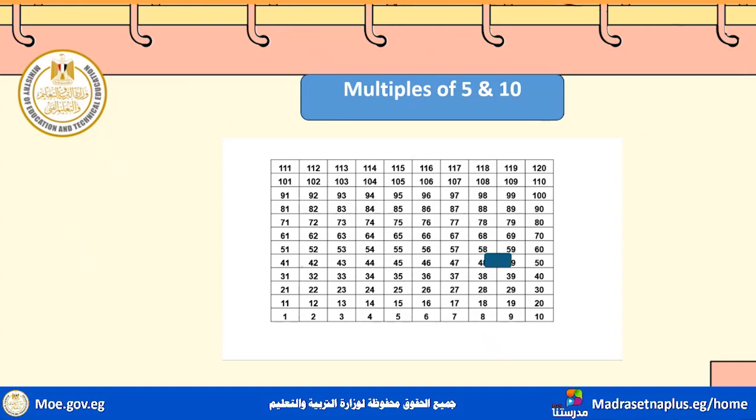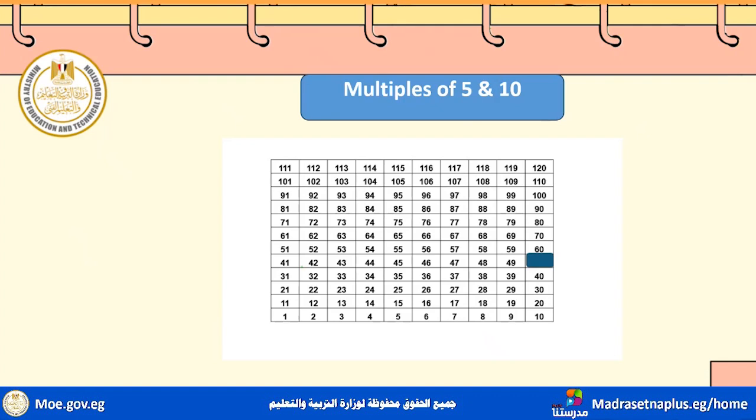What about the next? 50. Now, in this way, you can guess which number will be the next: 55, 60, 65, 70, 75, 80, 85, 90, 95, 100, 105, 110, 115, and the last one will be 120.